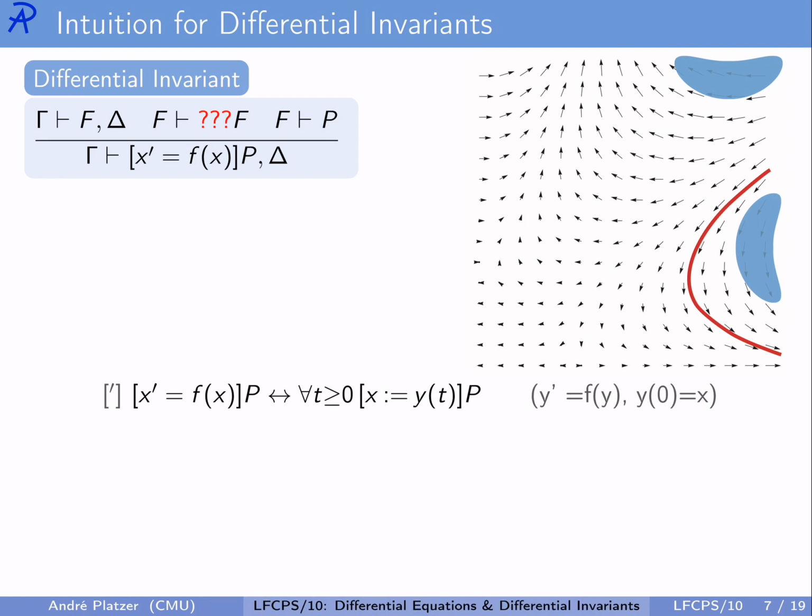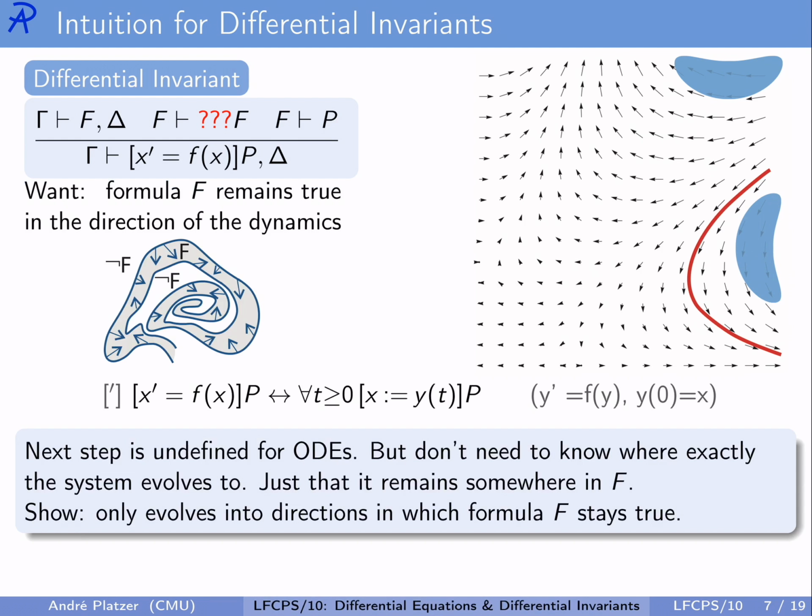Of course, it's somewhat short-sighted. But the point is, it's not like we really need to know what the solution is in order to be able to tell whether it's inside the bad blue region or not. Instead, what we want in an induction principle is to say here that the formula f remains true in the direction of the dynamics.